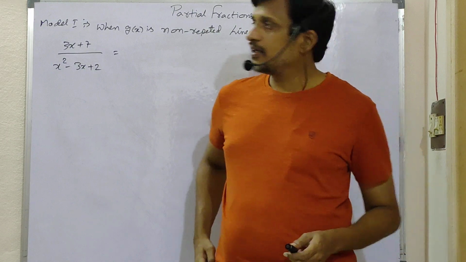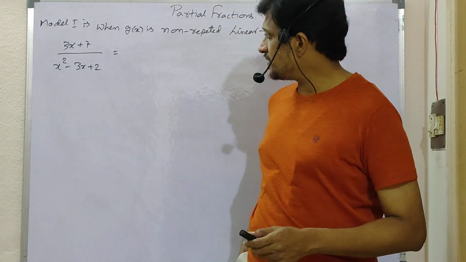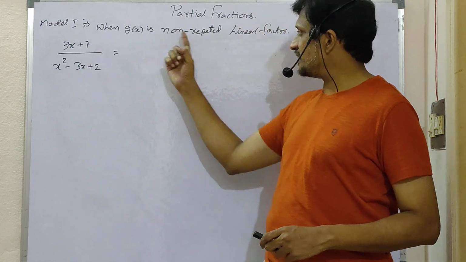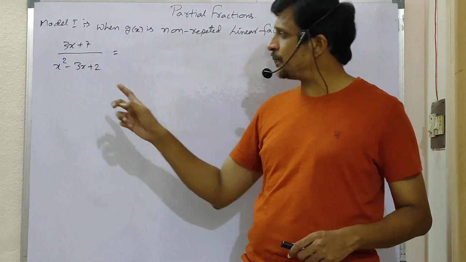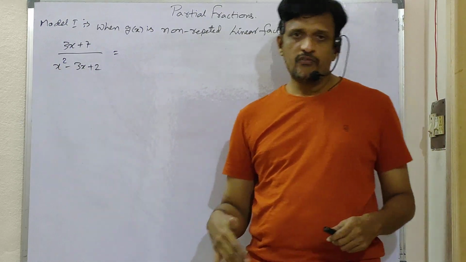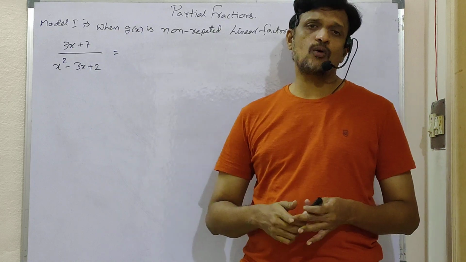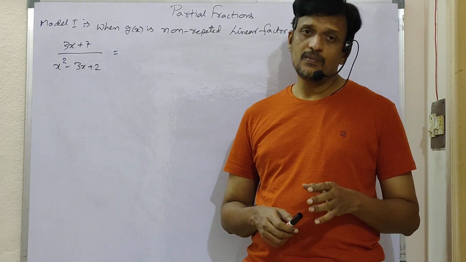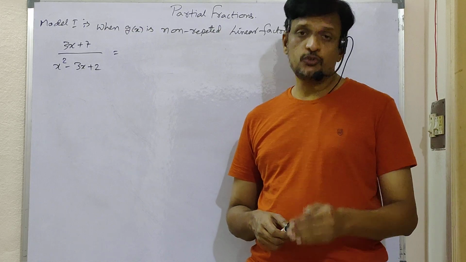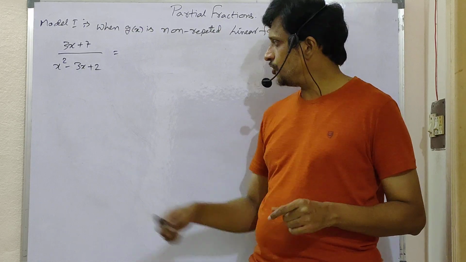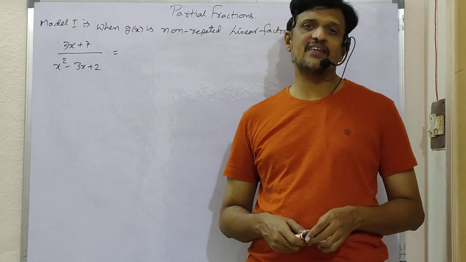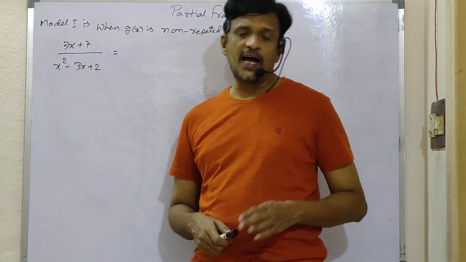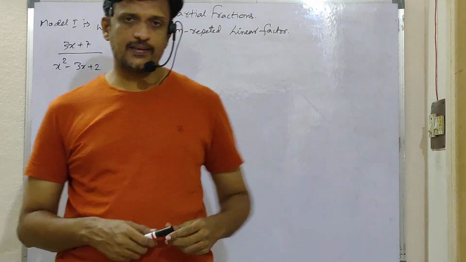Actually here the first type, or first model, means the denominator g(x) consists of non-repeated linear factors, but here by seeing the given we may think that the denominator is a quadratic, that is x² minus 3x plus 2. But no problem, this is a reducible quadratic factor, means you can write this as the product of two linear factors. Otherwise that will be another model.